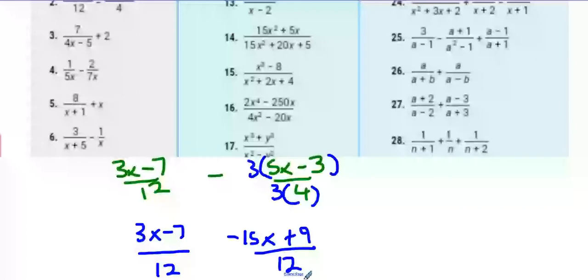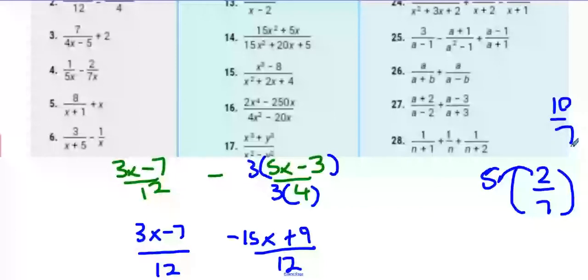No. So let me clear that up with you. When you multiply a number by a fraction, example, 5 multiplied by 2/7, the 5 only multiplies by the top number, not the bottom number. So the answer to that would be 10 over 7. So this is the same thing. The 3 multiplies by the top.